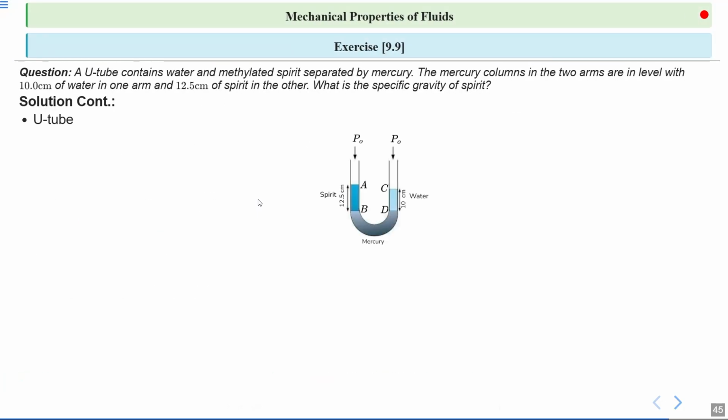So pressure at the point B is equal to P naught plus H1 rho 1 g, the atmospheric pressure plus the pressure due to the liquid column above it. Pressure at point D is equal to P naught plus H2 rho 2 g.